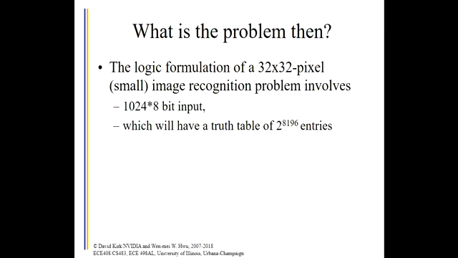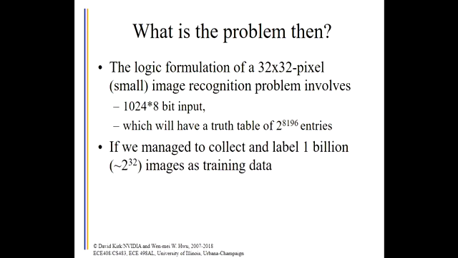But this is only a small picture, right? Only a small picture. So if we want to use the brute force approach and have a complete, accurate solution, the number of pictures, each picture will give us one entry in that truth table, and you need someone to label it.